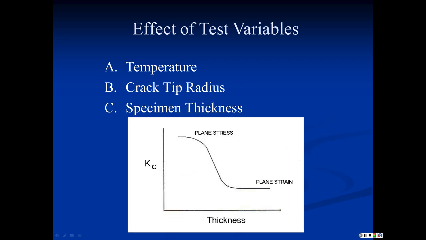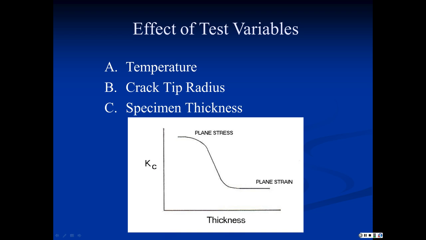We also find that as specimens change thickness, we see a change in the apparent fracture toughness. We call this the plane stress, thin specimen region, and a plane strain, or thick specimen region. This is simplistic. If you take a fracture mechanics course, we'll talk about what's really going on here.